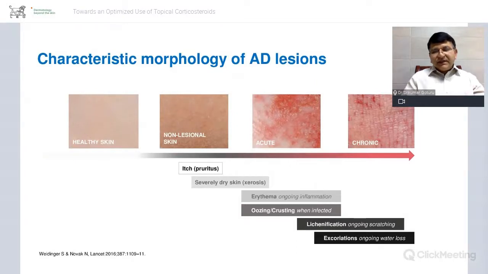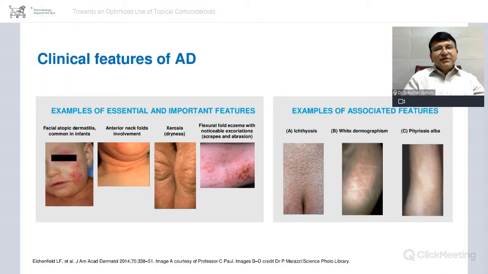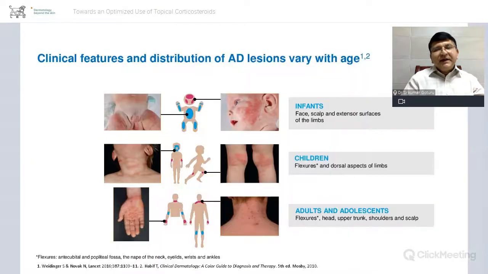You have oozing, crusting, scratch marks, lichenification, a typical distribution and morphology, and the classical essential important features, for example, facial dermatitis in infants, neck involvement, the body folds being involved except the armpit and the groin, dryness and xerosis, and associated features like ichthyosis, white dermographism, pityriasis alba, and the classical distribution in infancy, children, adolescents, and adults.